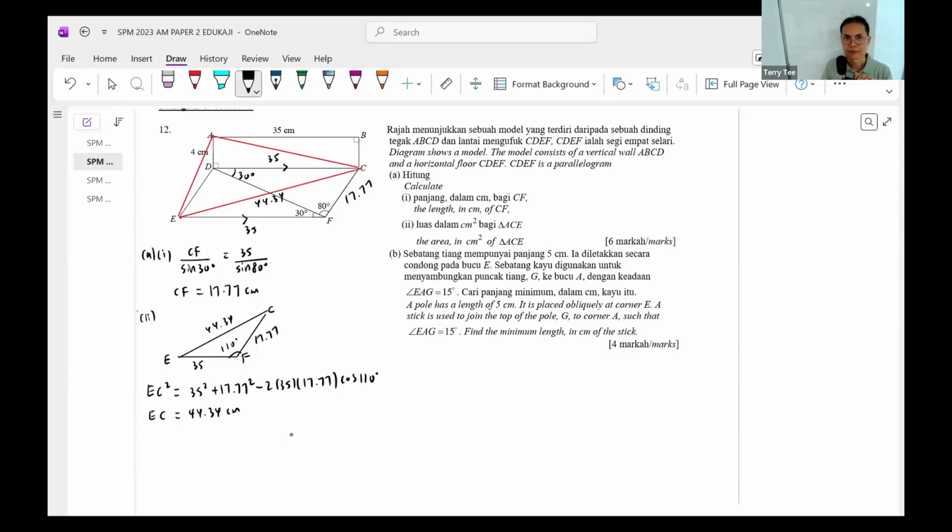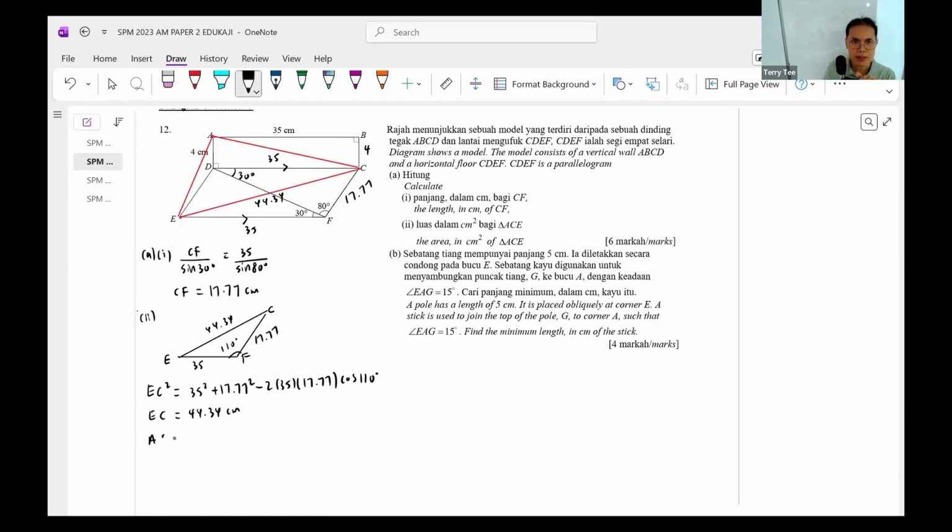Right, now how about AD? AD is very simple, you use Pythagoras. Yeah, AC. I know some people may be a bit worried because they think that my value is not very accurate. You also can use more decimals if you want, but I think 4 SF is sufficient for now.